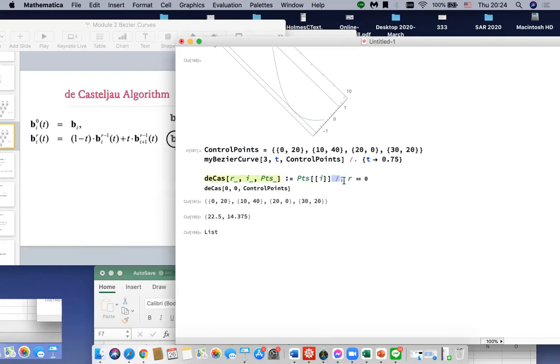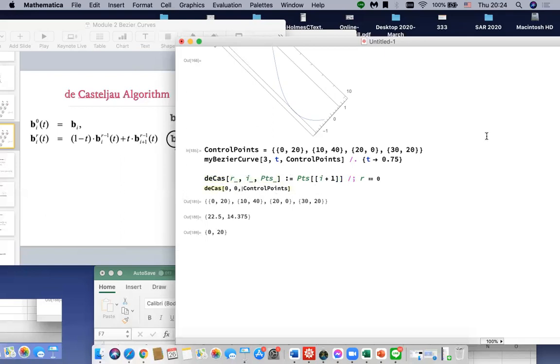This one I'm trying to use if i is equal to 0. Oh, sorry, I have to use... Okay, if i is equal to 0, then the class i is equal to the first point i.